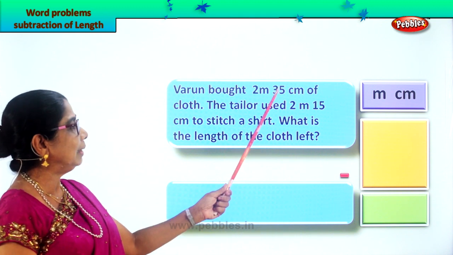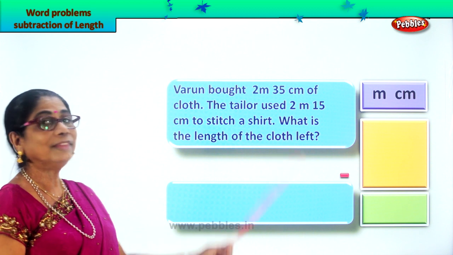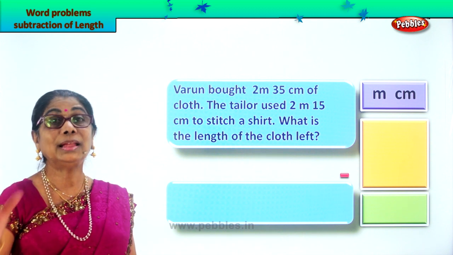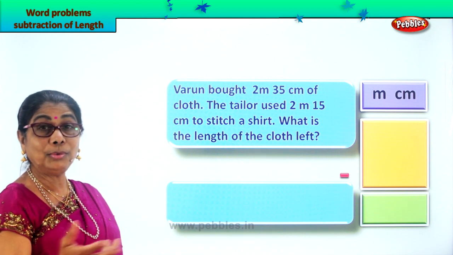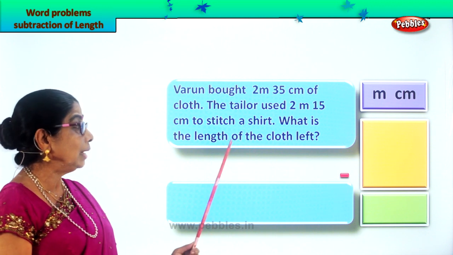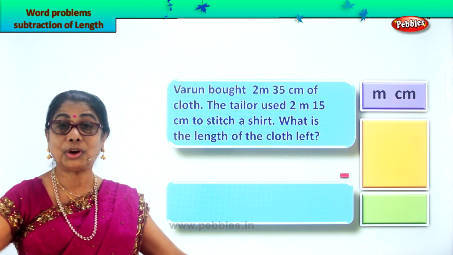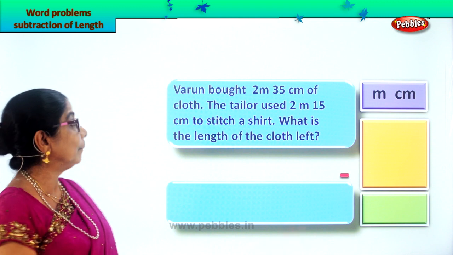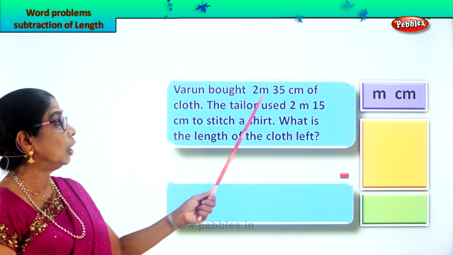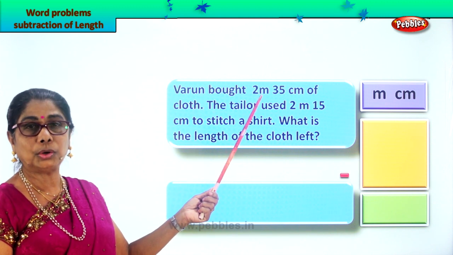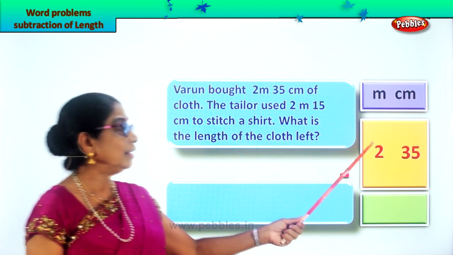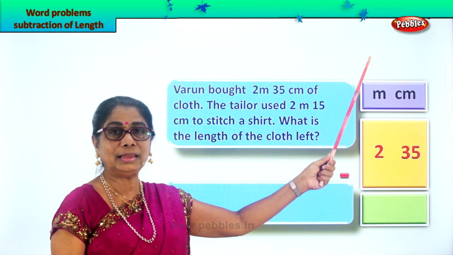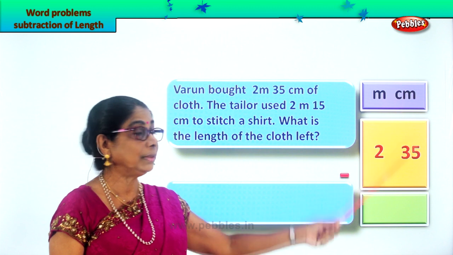So the total length after stitching a shirt, we have to find out how much is left. The total minus the amount used for stitching will give you the length of the cloth left over. Let's begin. The total length of the cloth Varun bought is 2 meters 35 centimeters. You have a meter column and a centimeter column.